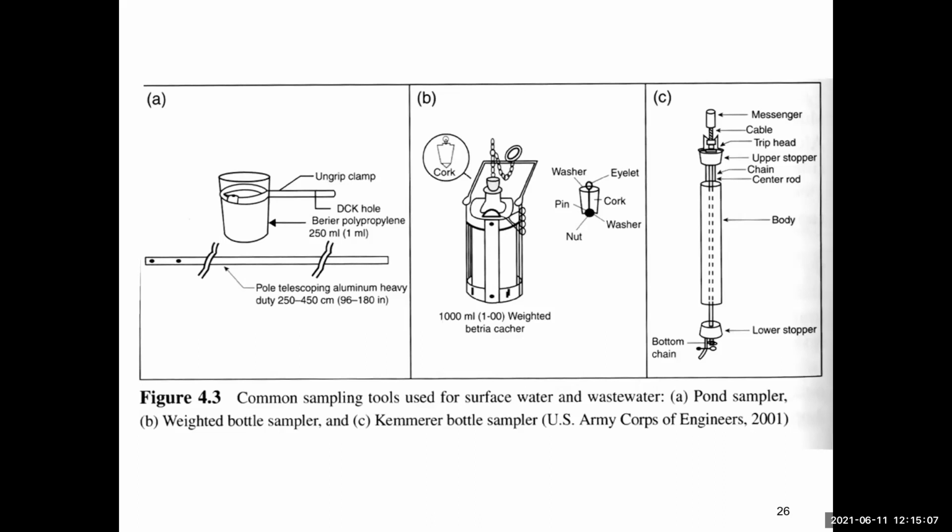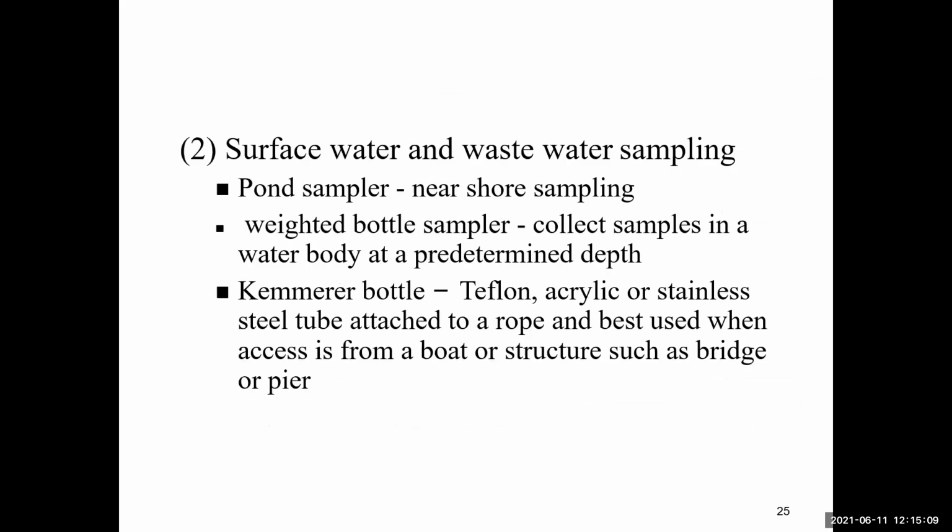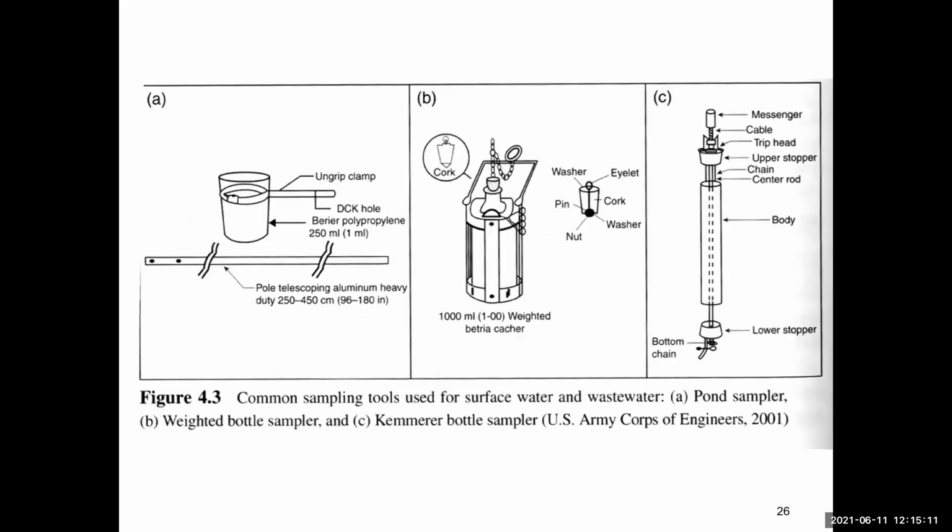So this is the sample collection for surface water. This is a 1000 ml weighted bacteria catcher. A is the pond sampler, B is the water bottle sampler, and C is the camera bottle sampler. These are common samplers used for surface water and wastewater.